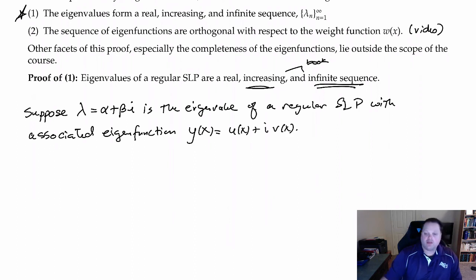So we're supposing the possibility that the eigenvalue is complex. Now, if I can show that beta has to be 0, then that'll imply that it's real. So keep that in our back pocket.